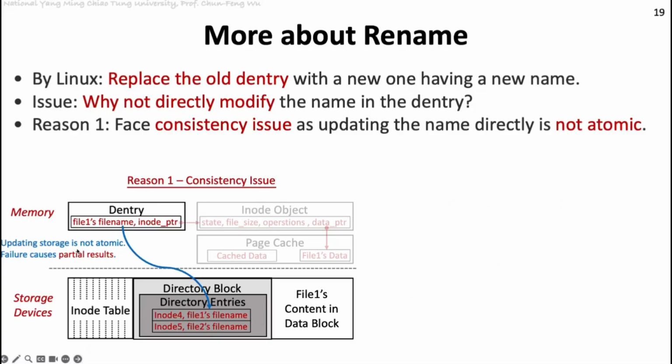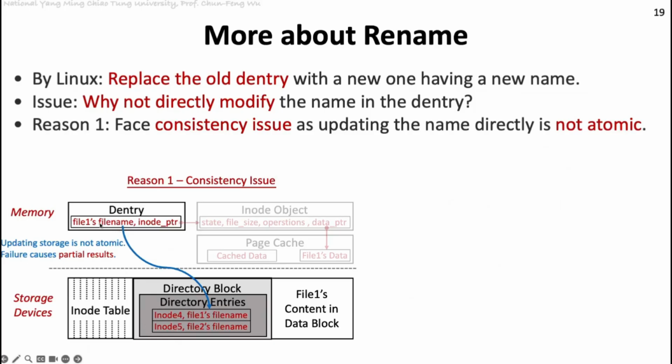But the problem is here. If we are going to directly modify the file name, and when the virtual file system starts to write back the updated file name to the directory entries on the storage device, but there is a power failure, then we will face partial results inside the directory entries, right?